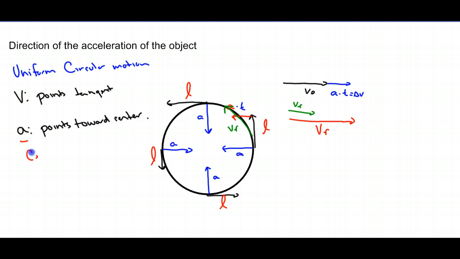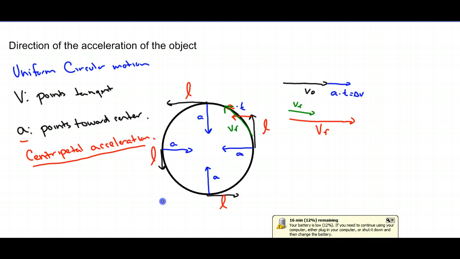It is called centripetal acceleration. And that's what we're going to focus on next video, this idea of centripetal acceleration, an acceleration that pulls directly toward the center of our circle.